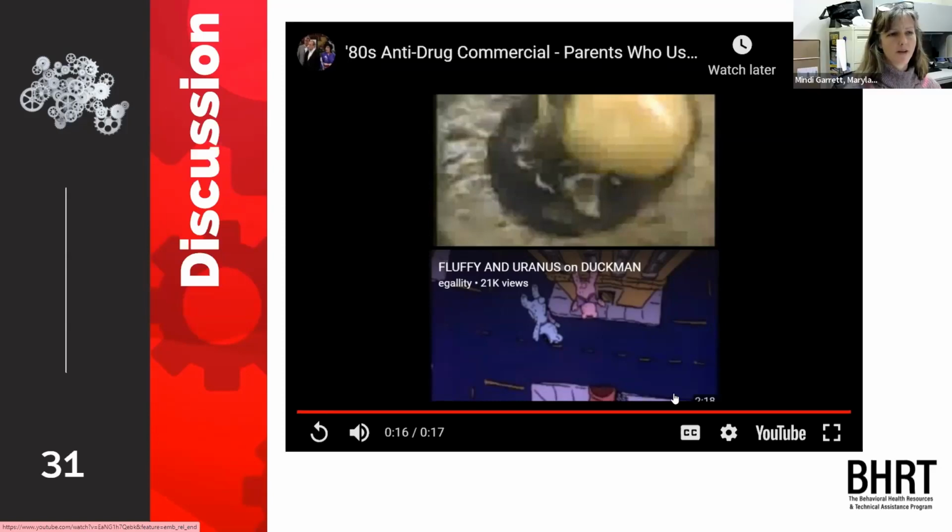From a prevention standpoint, it seems like the target audience is the parents who have already been users of something. And I'm not sure what the point is. So that's an excellent point. And that's something that I researched when I pulled this: the ad was actually intended for the child, but you can see that at the end of the ad, it doesn't really seem like it's for the kid.